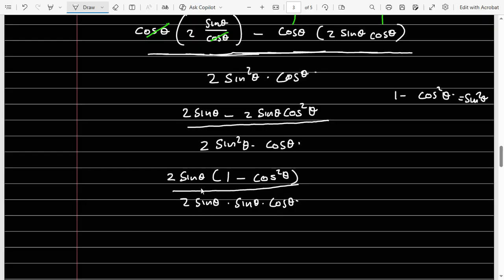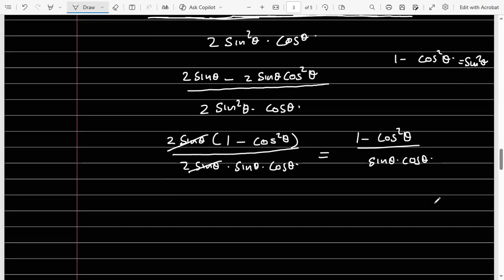I just have to separate the sine squared theta and write it as sine theta times sine theta so that these two can cancel. Then when I change the top part, I'll be left with 1 minus cos squared theta over sine theta times cos theta. But now I know that 1 minus cos squared theta is the same as sine squared theta, over sine theta times cos theta.